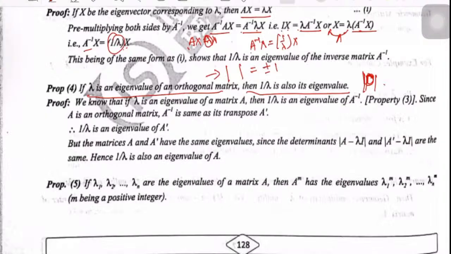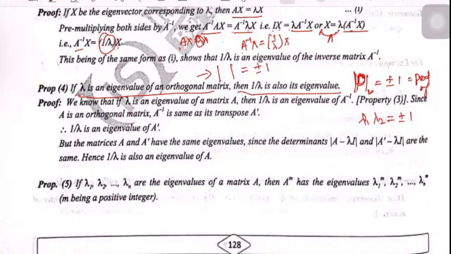Let P be an orthogonal matrix. Determinant of P is plus or minus 1. We know that the determinant is the product of eigenvalues. For a 2 by 2 matrix with eigenvalues lambda 1 and lambda 2, the product is plus or minus 1. So lambda 1 lambda 2 will be plus or minus 1. That is what the eigenvalues of an orthogonal matrix will be.